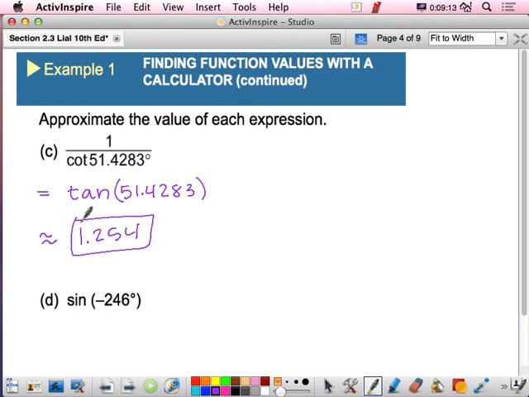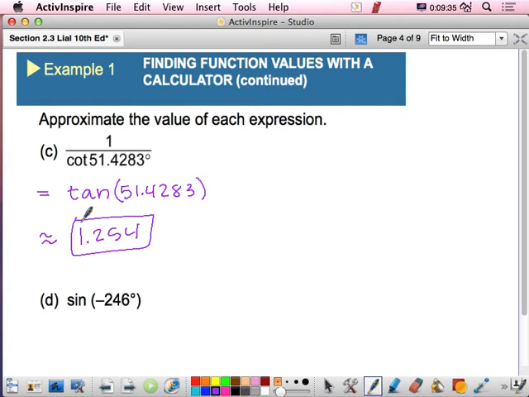So let's talk about the sine of negative 246 degrees. The good news is that almost every one of the newer calculators can handle negative angles. So a lot of people think, well, do I have to get a coterminal first by like adding 360? You can certainly do that, but when it's a calculator problem, your calculator is designed to handle negative angles as long as you put the angle in the parentheses.